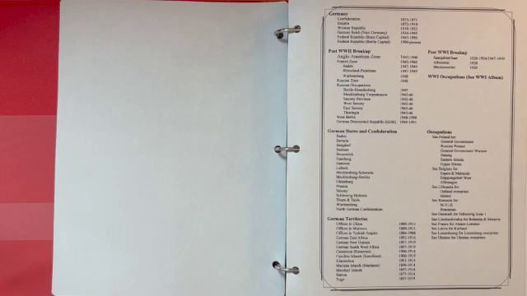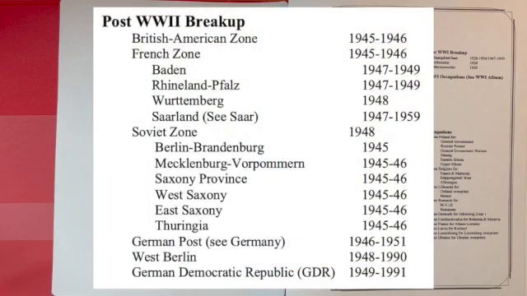And honestly, we already went through the hardest part with the post-World War II breakup. Let's give that a quick review. We have at the first level the three postal administrations of the occupation zones and the dates they put out issues. Below the French zone, I've listed the 4 regions that issued stamps, with a note on Saarland to see Saar. Below the Soviet zone, I've listed the 6 regions that issued stamps.